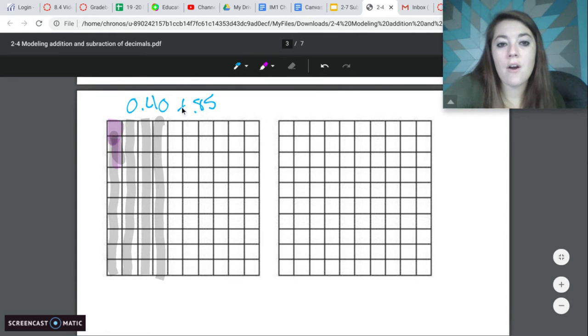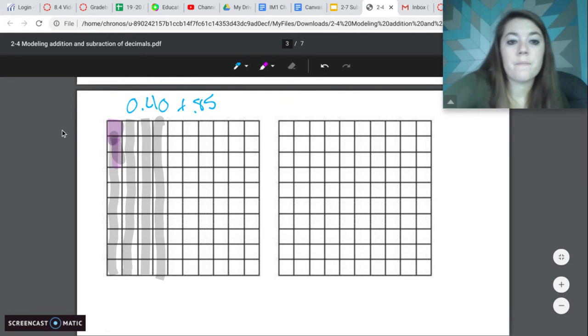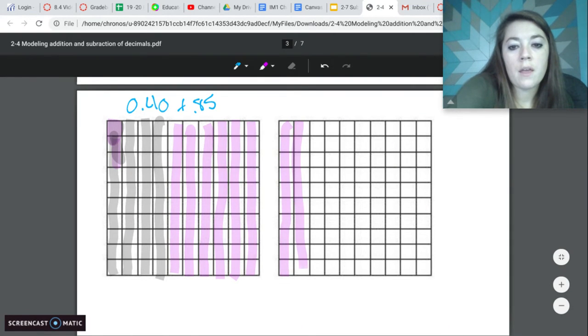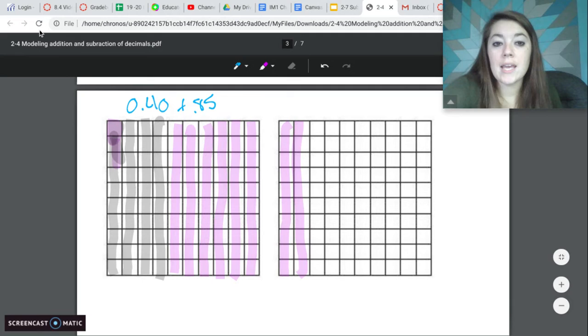So we're going to add on 85. So we need another 8. So 1, 2, 3, 4, 5, 6, 7, 8. So there's 80 cents more, but we still need the 5.